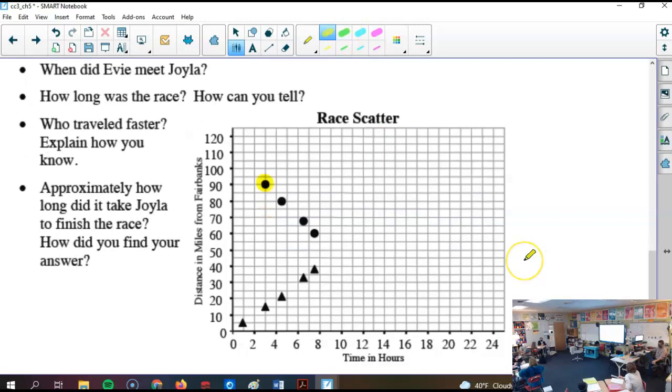All right, Jake, stand up. Stay there. Jake was just about to follow me. So Jake is about to start his race from Fairbanks. Don't actually run.